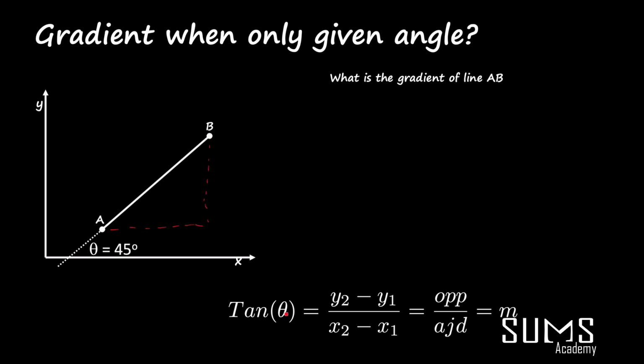From our previous slide, we know that m is equal to tan of the angle theta, which in this case is tan of 45. You need to put this in a calculator, or you might know this, which comes out to be 1. So the gradient of the line is 1. So m AB equals 1.